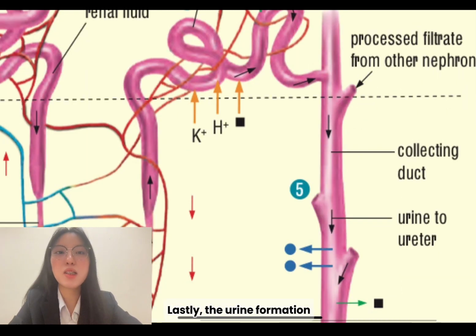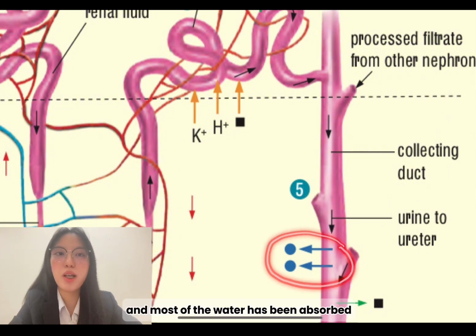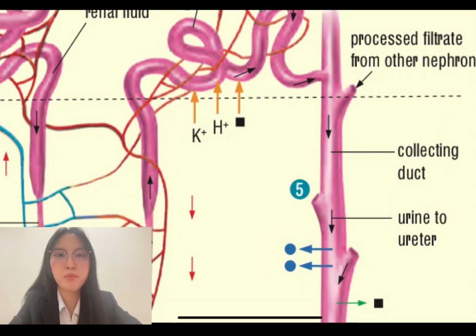Lastly, the urine formation. When the renal fluid reaches the collecting duct, only a small amount of salts are left, and most of the water has been absorbed back into the bloodstream. The remaining renal fluid is now called urine and flows down the collecting duct.